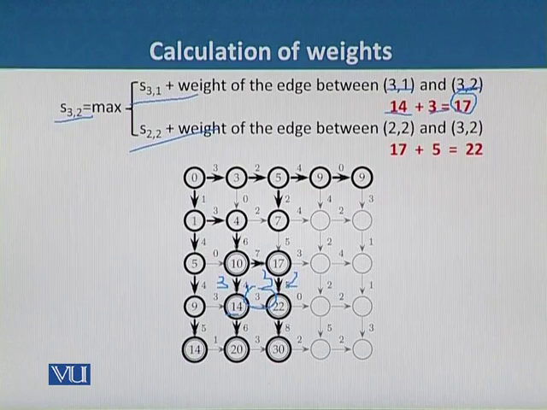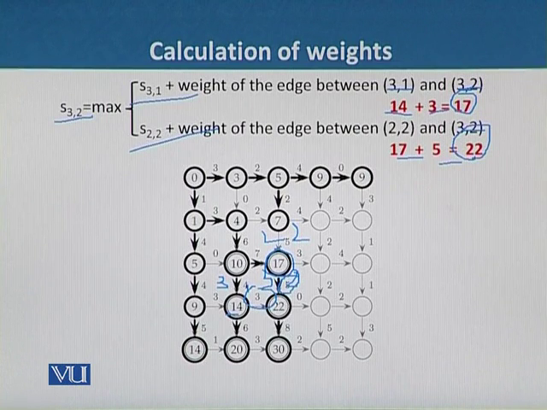Similarly we have to calculate the value of 2, 2 with 3, 2. The 2, 2 value is 17, and this is the value of 5. If we add them it will become 22.